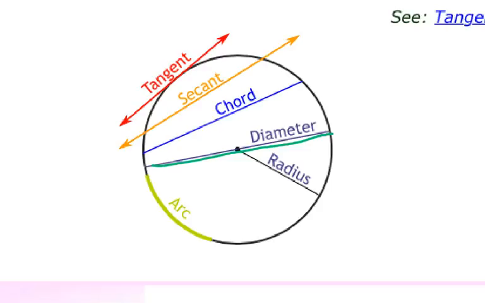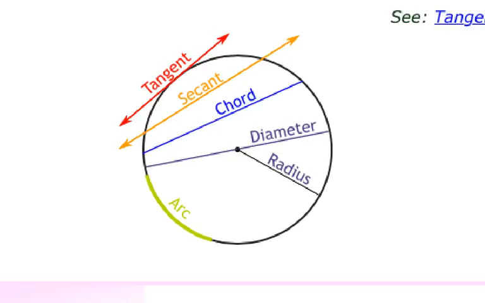It has to pass through the center. The chord may or may not pass through the center. Usually it doesn't, especially at this level, because they're trying not to trick you. But it could pass through the center. A chord could be a diameter, but normally they keep them separate.